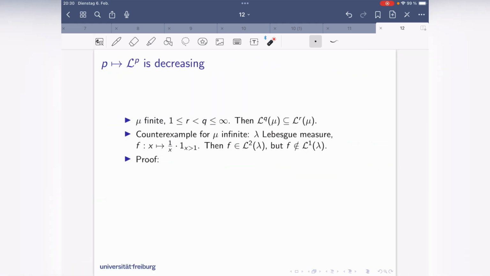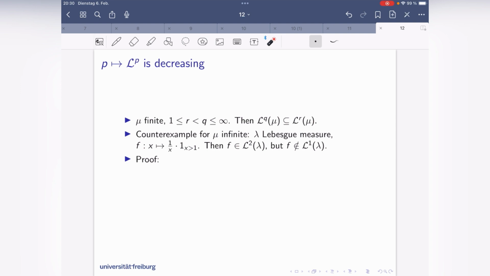So some properties. Essentially, we have 3 properties today. First, I write here, some map is decreasing, which means exactly this here. So I have an R and a Q, and for the bigger Q here, the space is smaller. So if Q is bigger, then I have fewer functions in this space.